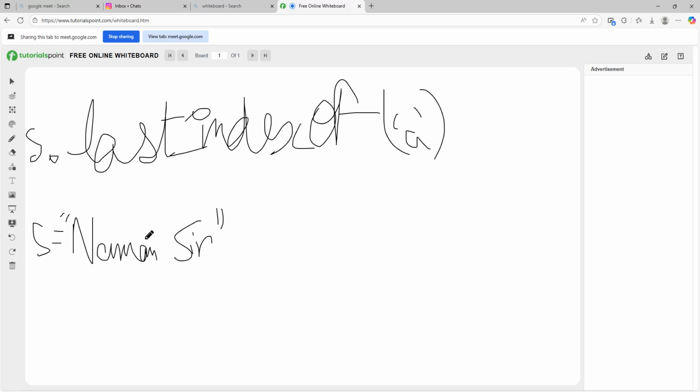The index position of this A is 0, 1, 2, 3. It will give 3. Here also if you put some letter like E and it's not there, it will give -1.